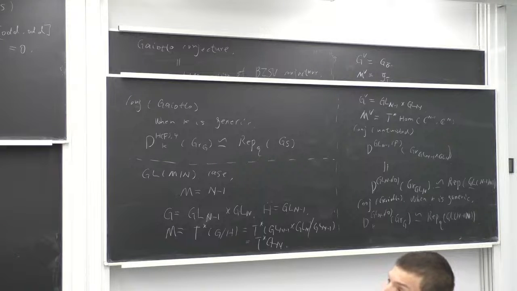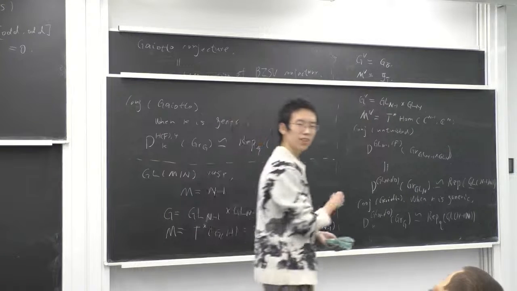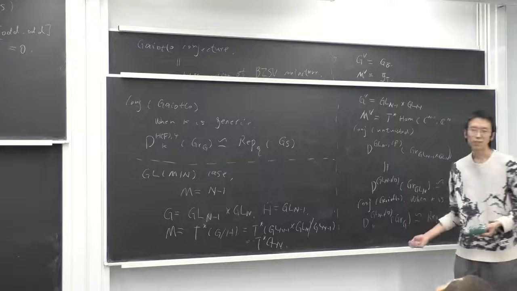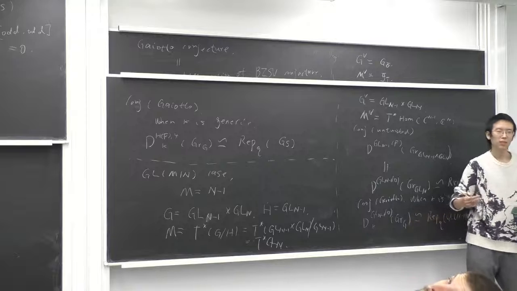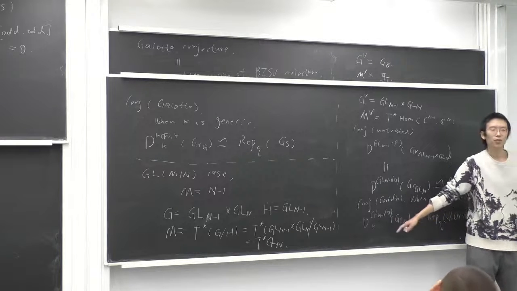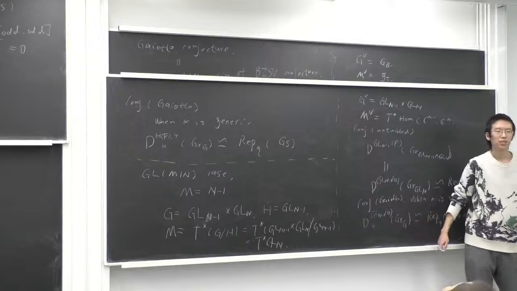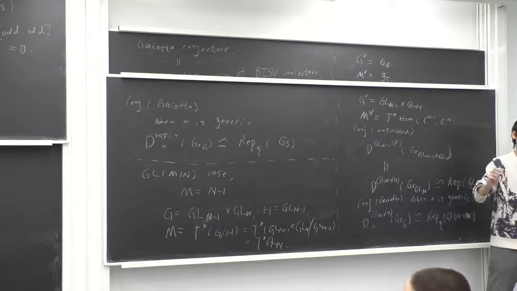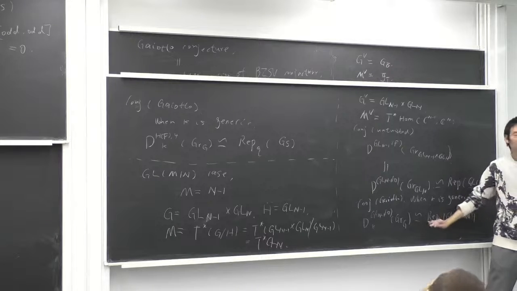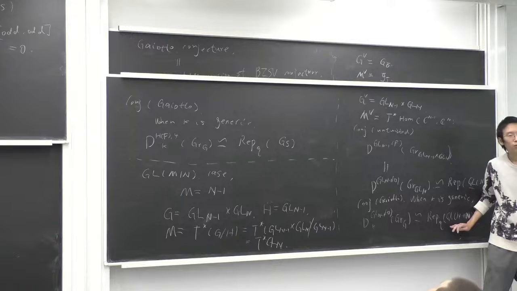But the relevant orbits are in bijection with irreducible finite dimensional representations on the right-hand side. For irreducible objects on the representation side, they correspond to the IC extension of some local system on the orbit on the left side, the GL(n-1) O orbit in the Grassmannian. For each of them, you consider the rank 1 local system on it, and then you consider the IC extension. That is what the irreducible representation corresponds to.